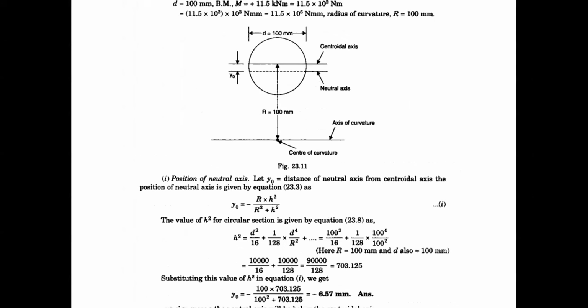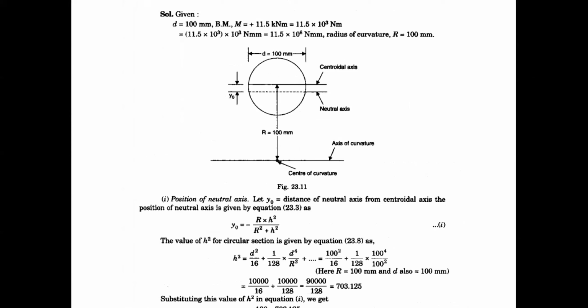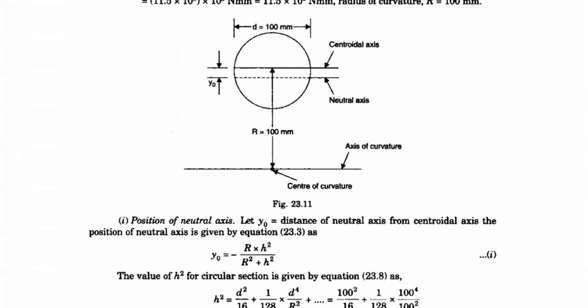So this is the figure. If you want to draw the figure, you can draw, no problem. The diameter is 100 mm and the mean radius of curvature is 100 mm, with the central axis. After finding the neutral axis, you can identify whether it is below or above the central axis.